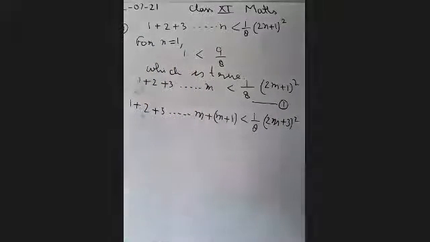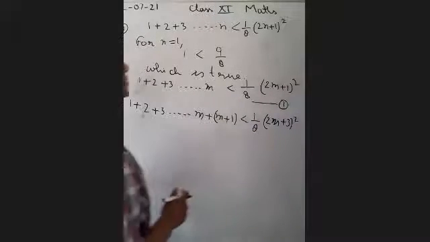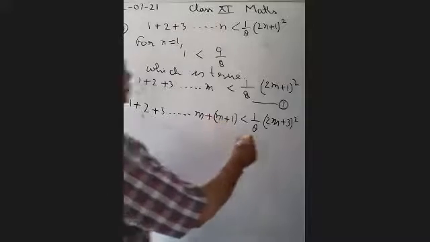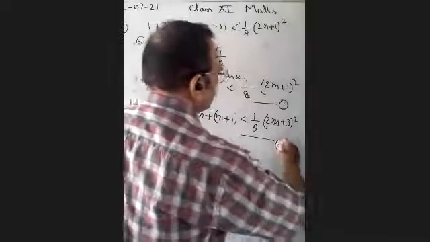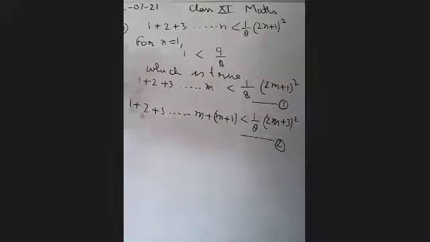So we have to prove this one. So how we can prove? So we can use the relation which we have assumed that it is true for n equal to m.